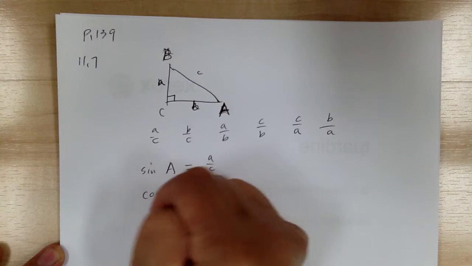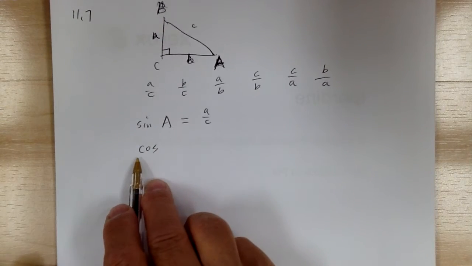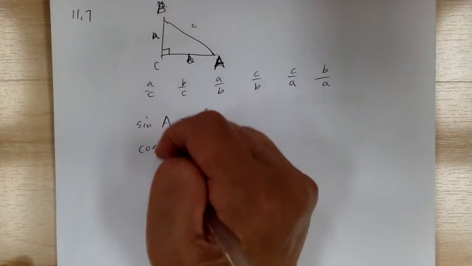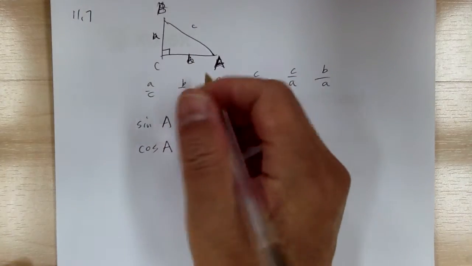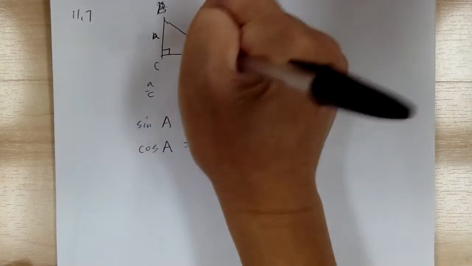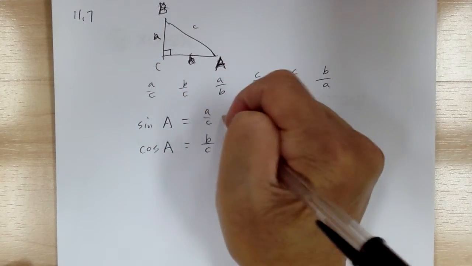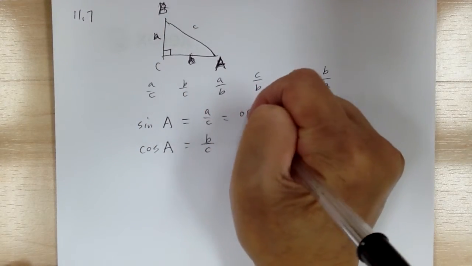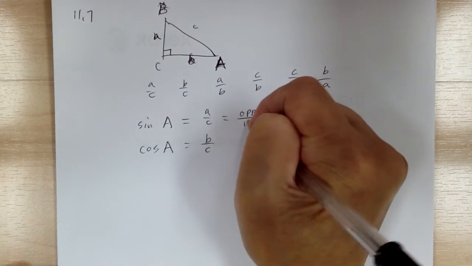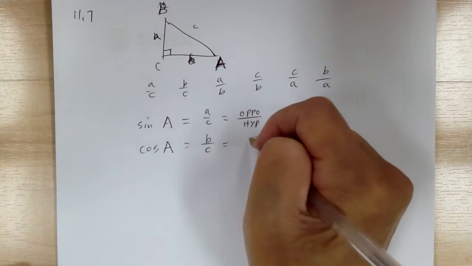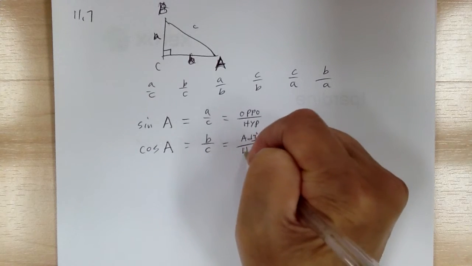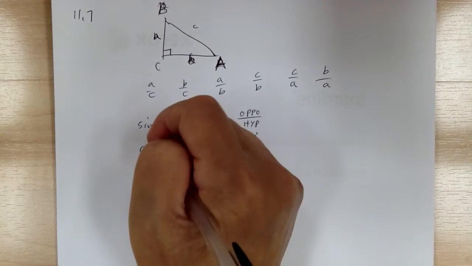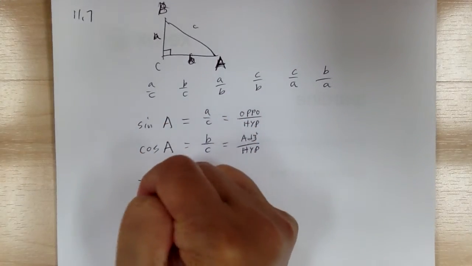Cosine is the complementary angle of sine, or complement of sine. So cosine would be B over C, which is adjacent over hypotenuse. I like to think of sine, cosine, and tangent this way: tangent is a slope.